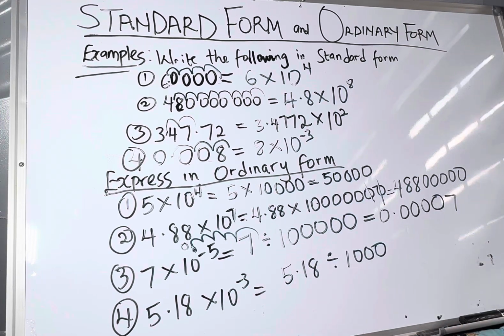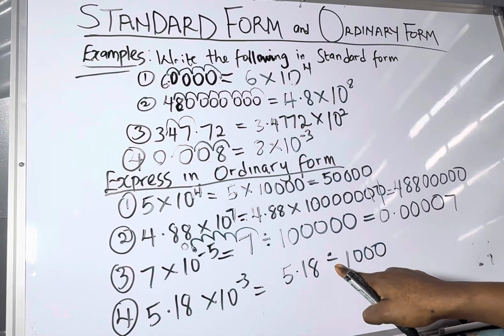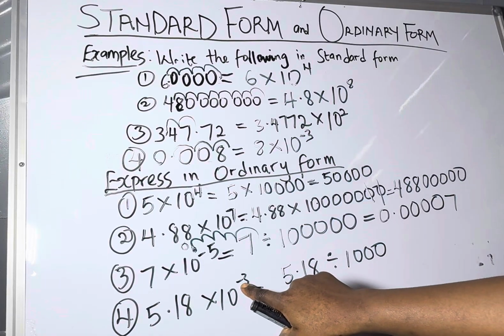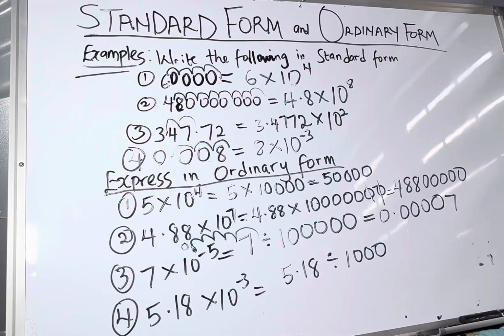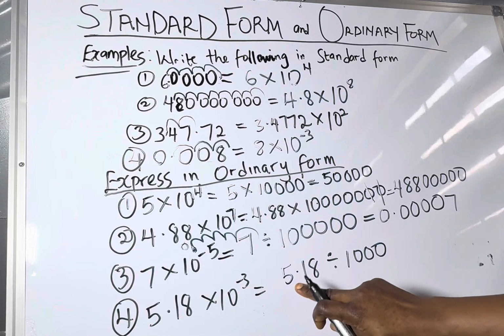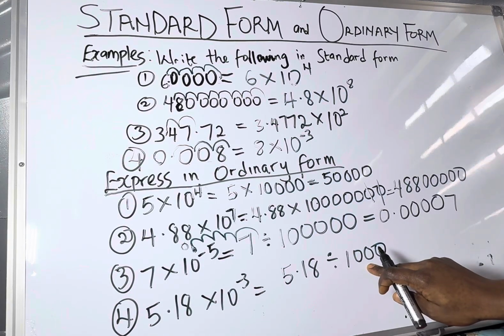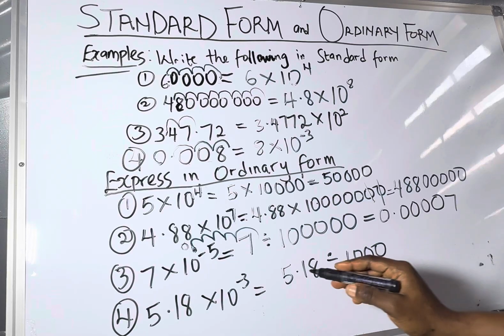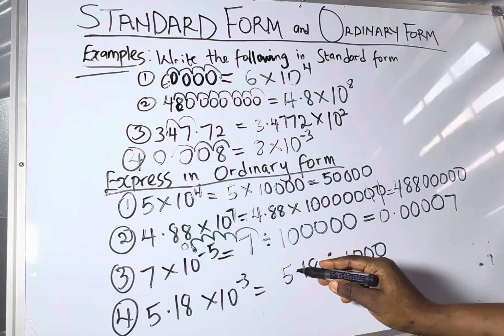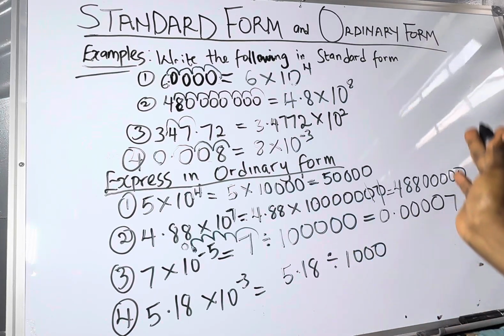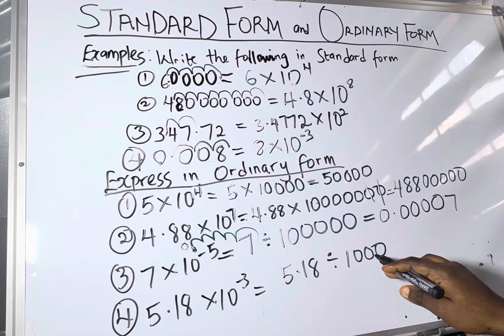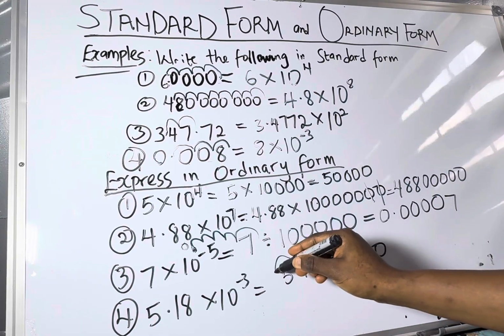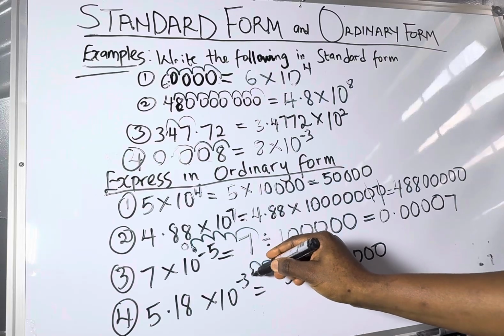The reason why the division sign is showing here is because there's a negative power. So now, for me to divide 5.18 by 1,000, this simply means I'm going to be moving the decimal point. I'll be counting it backward 3 times: 1, 2, 3.